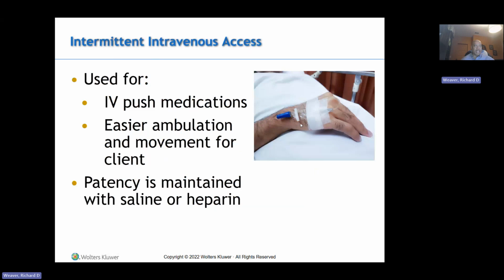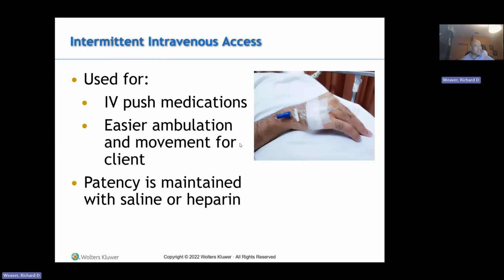Heparin will probably keep the line open or patent much longer, but normal saline is the usual fluid that we use to flush it and keep it open. So we flush before, give the medication, and then flush afterwards. Kind of like what we do with an NG tube or a feeding tube. We flush it, we give the medications, and then we flush it again. So same thing with an IV.